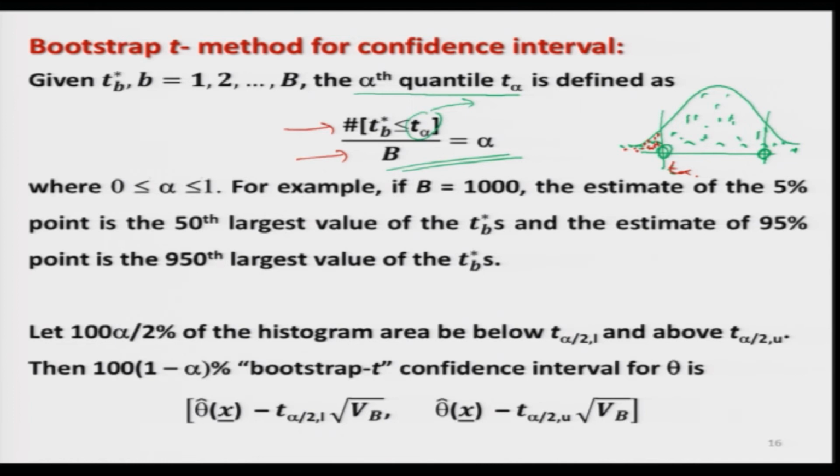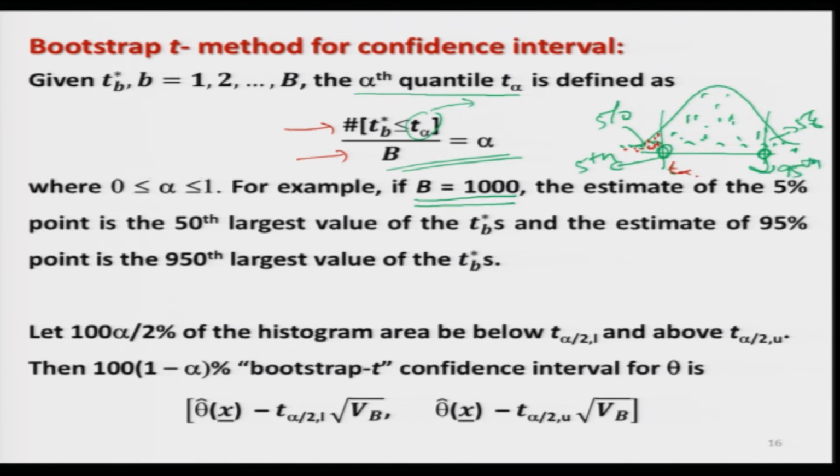Now, for example, suppose I choose B equal to 1000, then I need 5% and 95% quantiles. Suppose this is 5% on the left hand side and this is 5% on the right hand side. So, this value will be the 5th quantile and this value on the right hand side will be the 95th quantile.